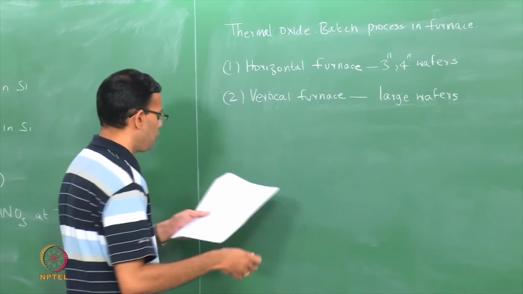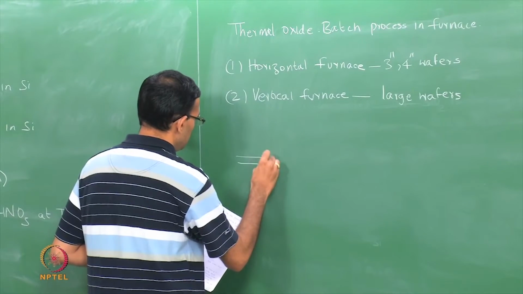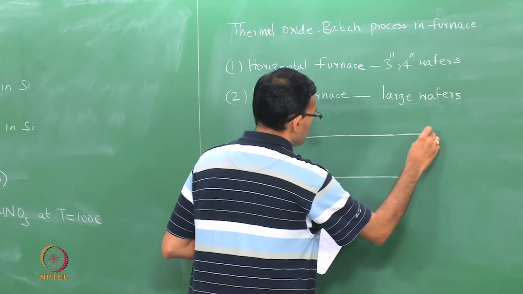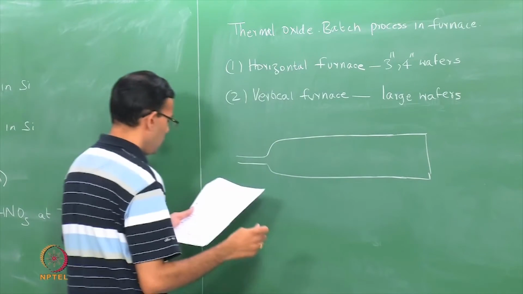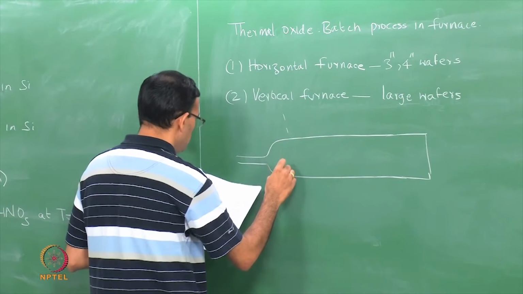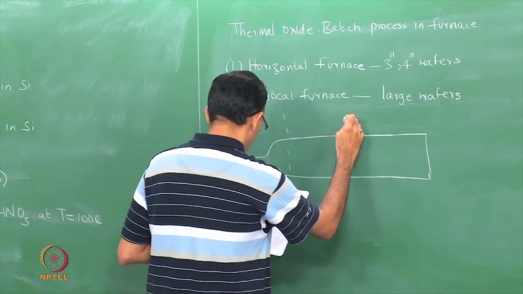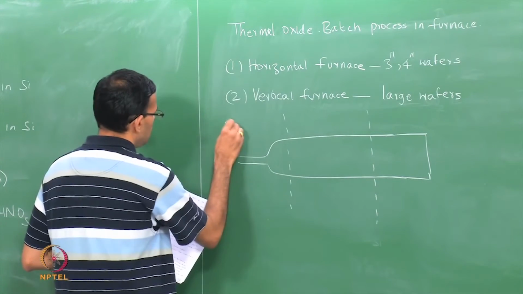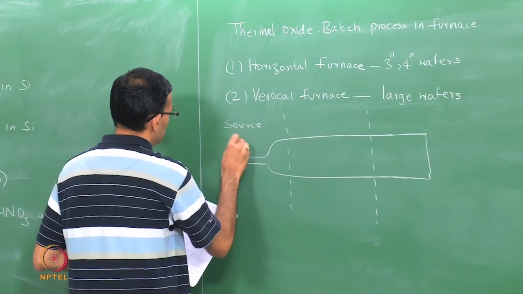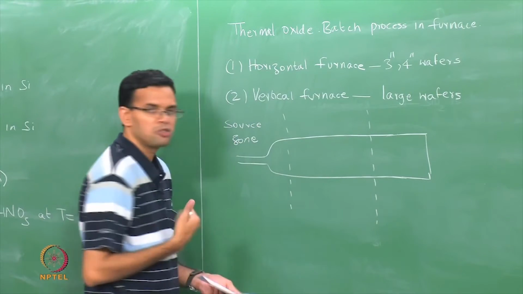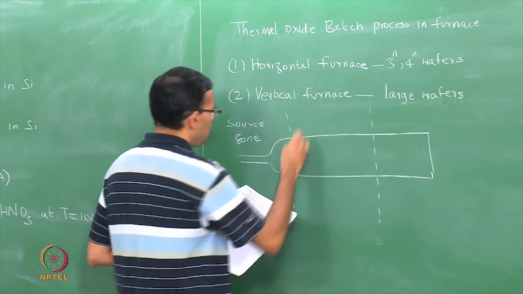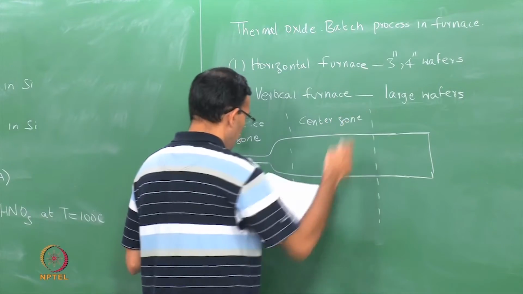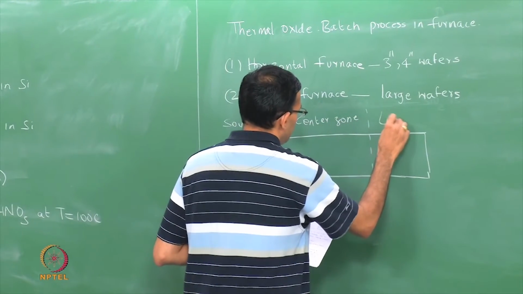If you look at a typical profile of a furnace, you can divide it into 3 zones. There is a source zone, where you have your gas source. There is a center zone, where usually the wafers are loaded, and then there is a load zone.